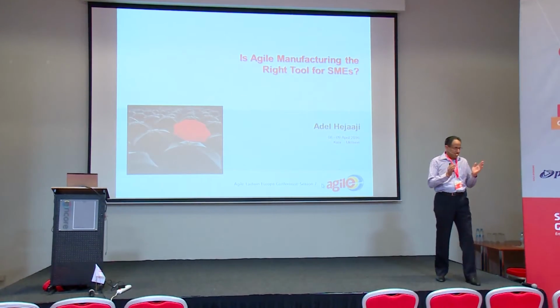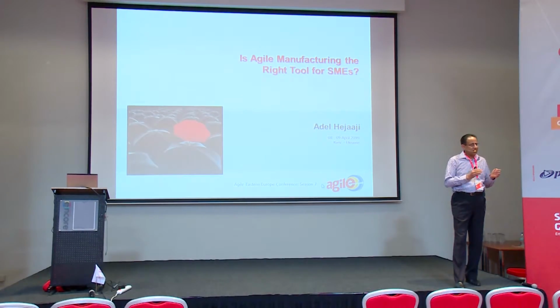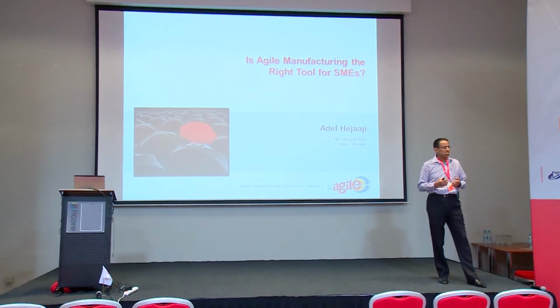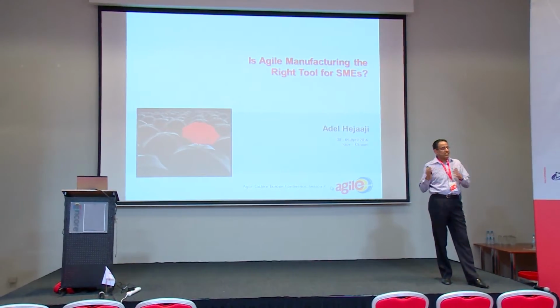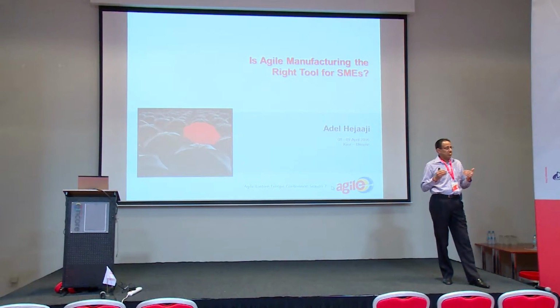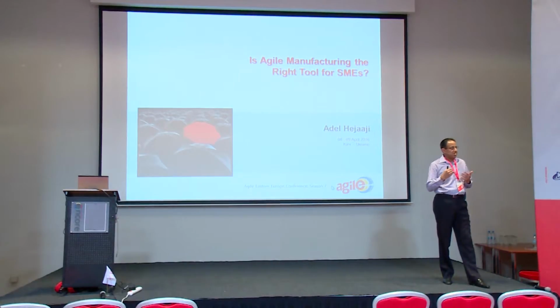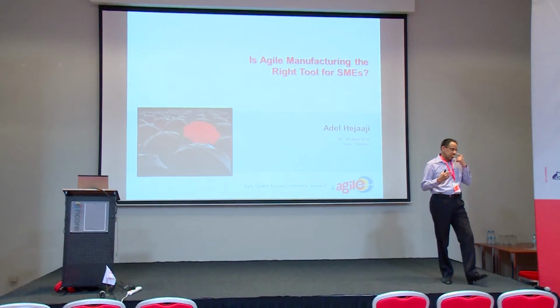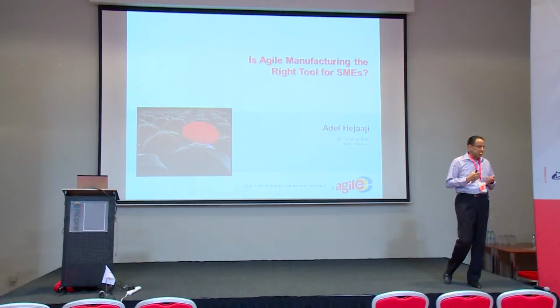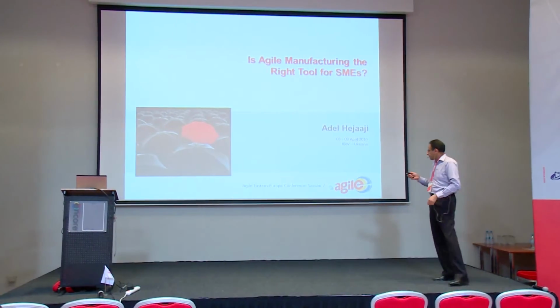First, I will talk about the importance of small and medium-sized companies and why we care about them. Then, in the second part, I'm going to explain the benefit that this kind of company can get when they apply Agile manufacturing.